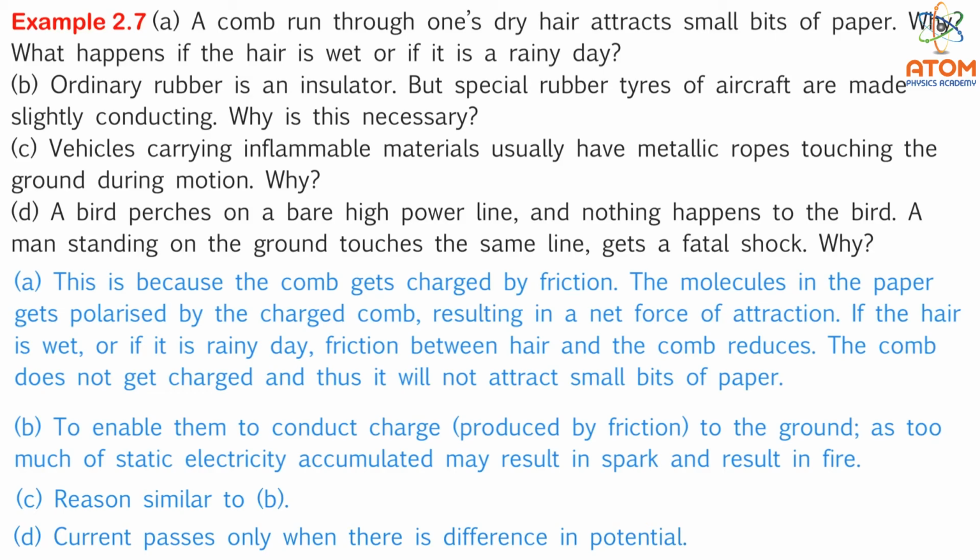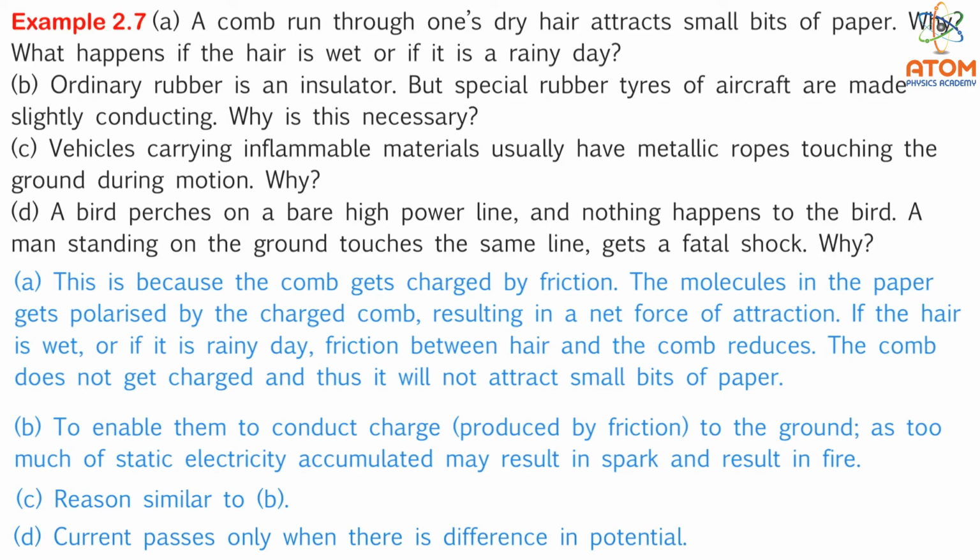Third question is, vehicles carrying inflammable material usually have metallic ropes touching the ground during motion. Why is it so? It has the same answer as for the aircraft. When these vehicles are traveling, they have a large friction with air, and due to that friction, the vehicle gets charged.